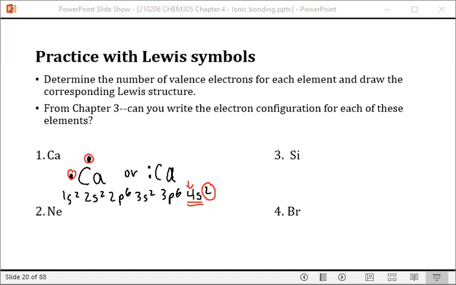Okay, let's do neon next. So neon is in group 8A, or column 18. It's a noble gas. So it's going to have 8 valence electrons. 1, 2, 3, 4, 5, 6, 7, 8.